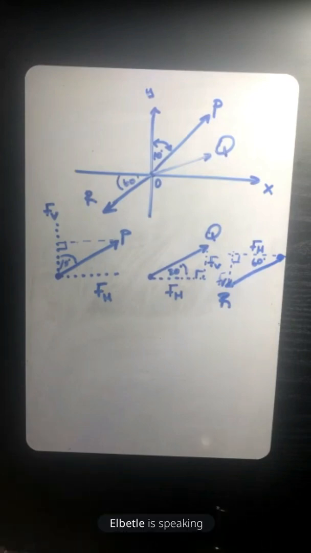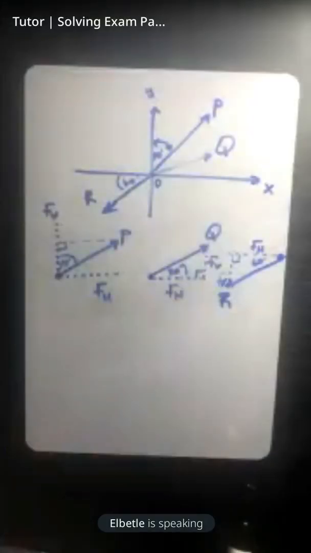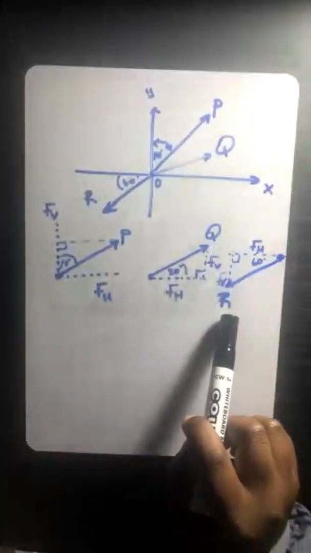Wait, what were you explaining there? Which part, LB? Where you were drawing the Q and the R separately. The Q and the R separately.